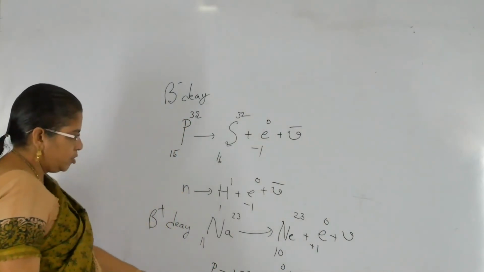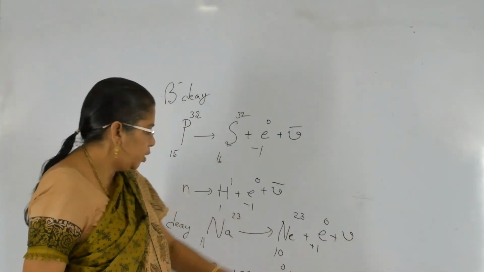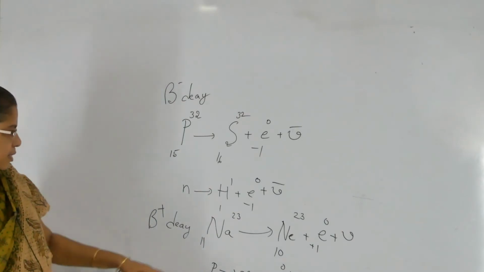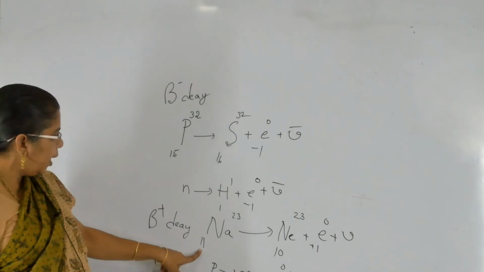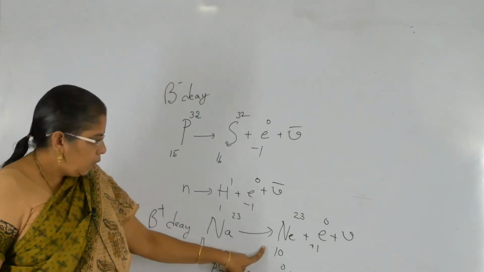This is known as a positron and this is known as a neutrino. So in beta plus decay, the atomic number decreases by 1 unit.